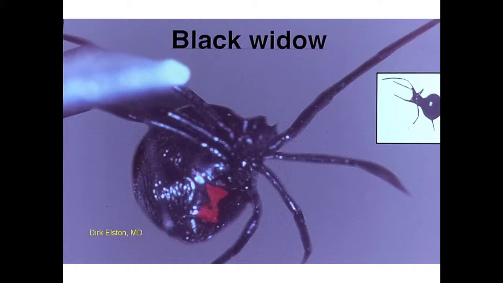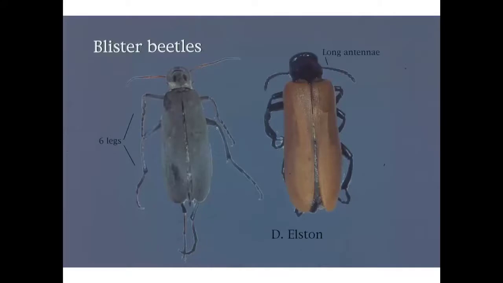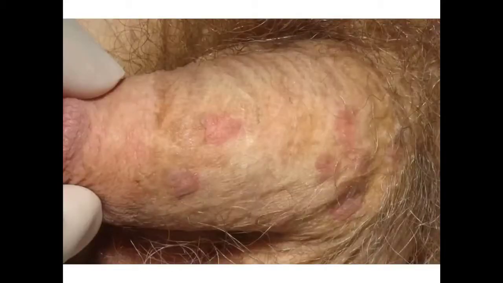Black widow spider has the red hourglass on the abdomen. Blister beetles will come in. They'll come into hospitals at night with open windows, but they're widespread, and it's what they contain, cantharidin, right? So they produce a cantharidin-like blister.